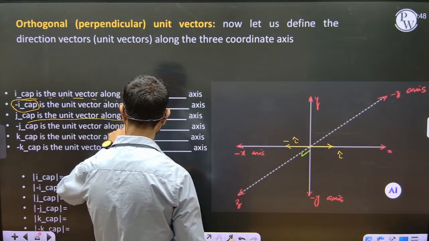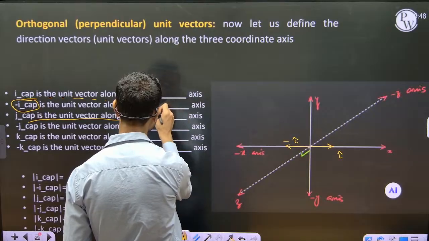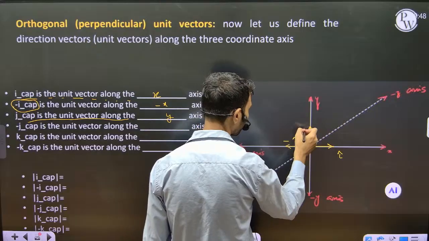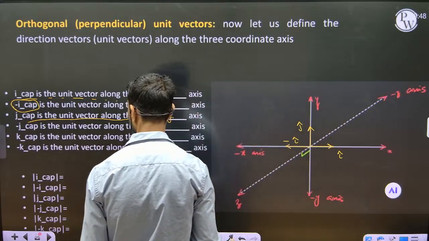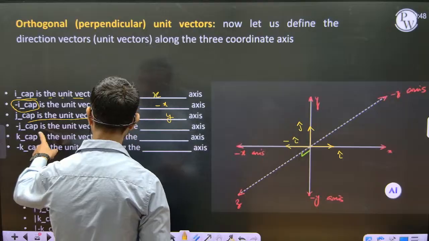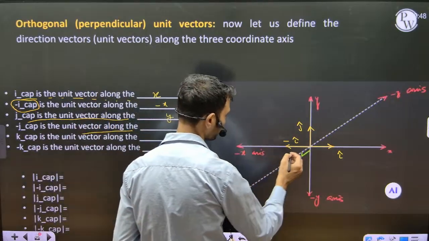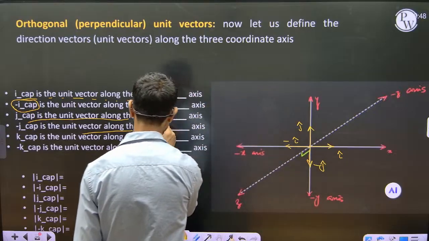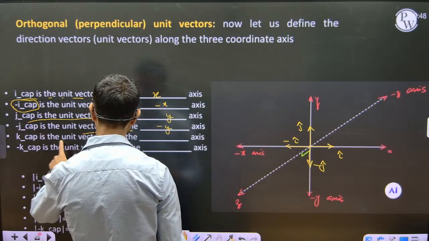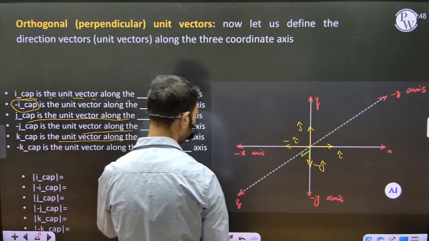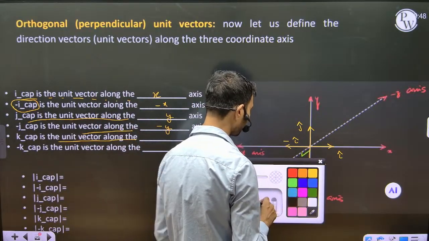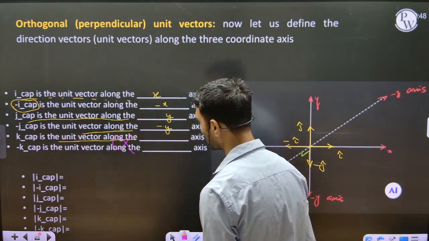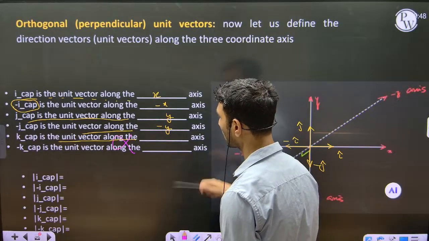J cap is a unit vector along the y axis. Minus j cap is a unit vector along the negative y axis. K cap is a unit vector along, okay, right now you don't need to know k cap, forget about this. Right now you just remember I and j, which are along x and y.